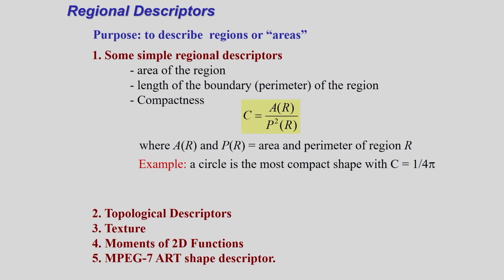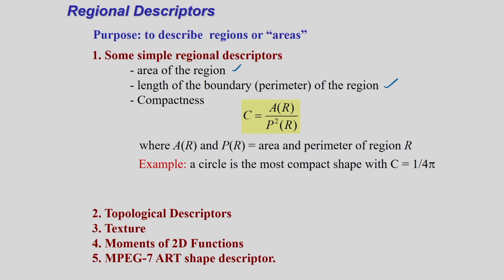So how to describe a particular region, or a particular area? Some of the regional descriptors I am going to define here. The first one is the area of the region, or the length of the boundary of the region, that is the perimeter, and I can also determine the compactness.